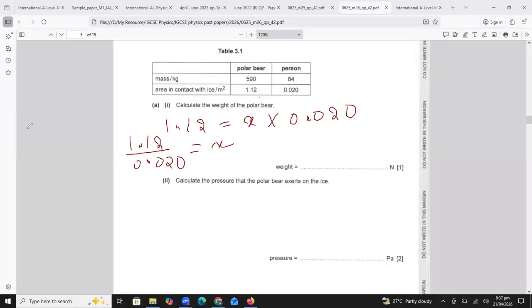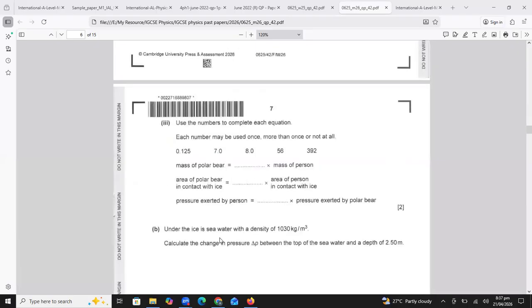So it is 56 times greater. Is it clear to you, students? It seems like we are solving the math paper, not a physics paper.